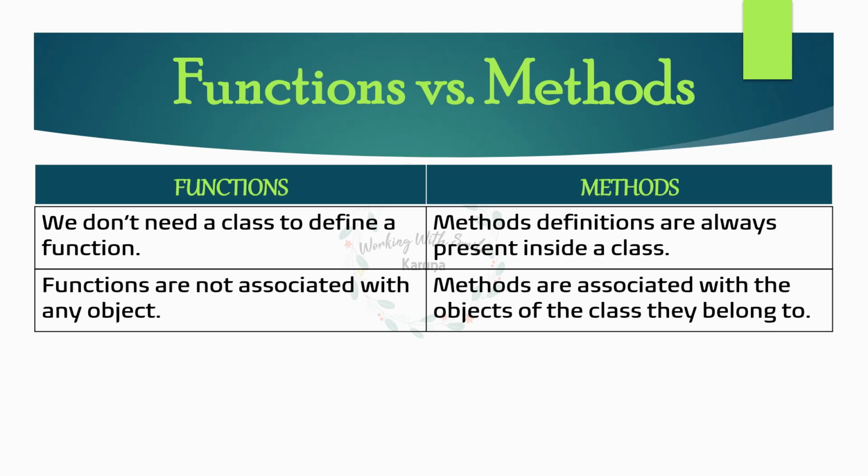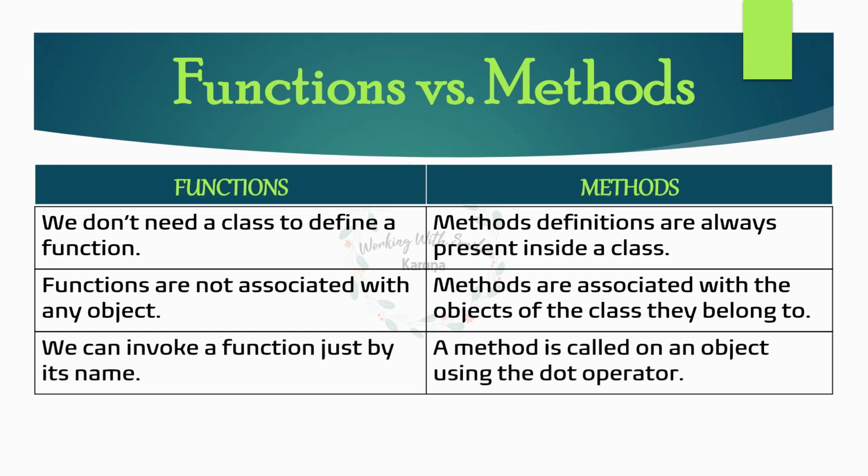But on the other hand, a method is always linked with an object of the class in which it is defined. To invoke a function, we can simply write its name, like print, type, len, str, etc. But for a method, we should always use the object followed by the dot operator and the name of the method.